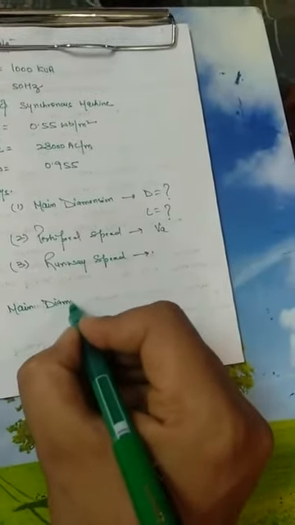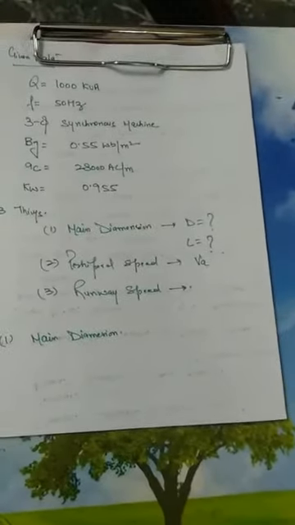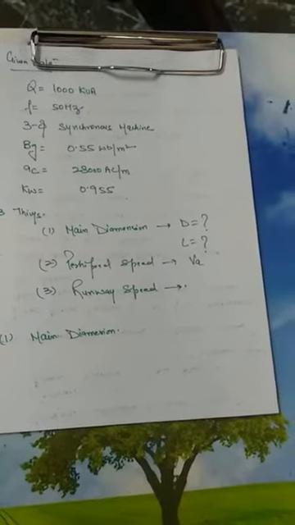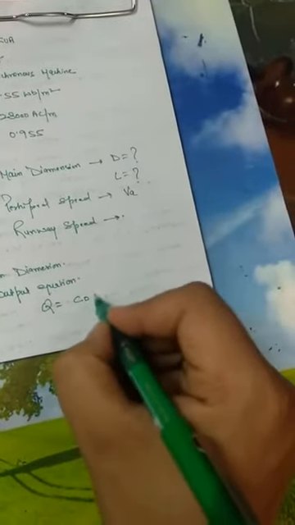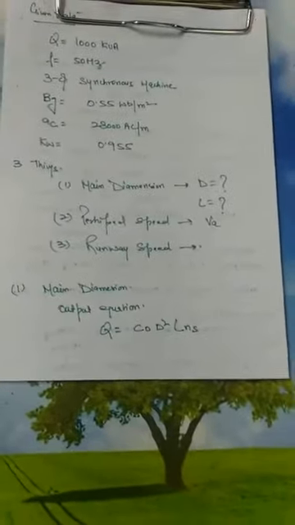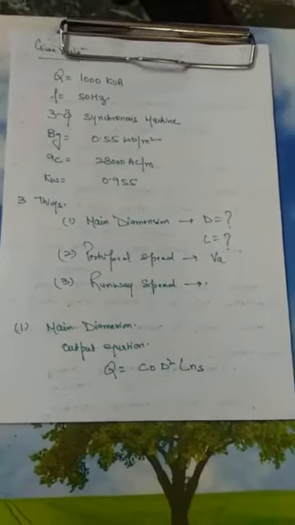For calculating the main dimensions we require an output equation. In a synchronous machine, the output equation says Q equals C naught D square L into Ns, where C naught is the output coefficient, D is the armature diameter, L is the stator core length, and Ns is the synchronous speed.